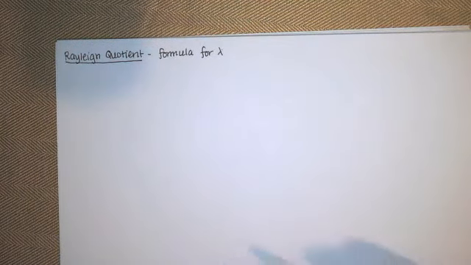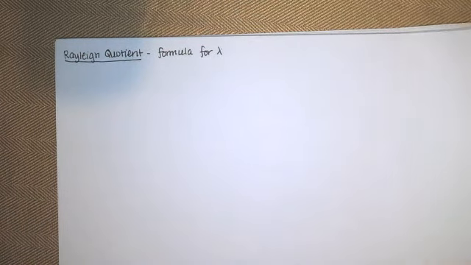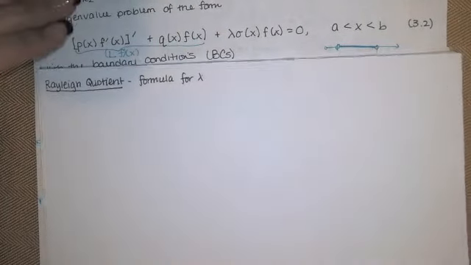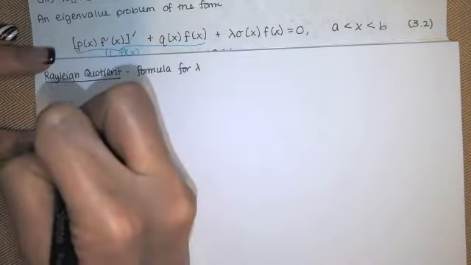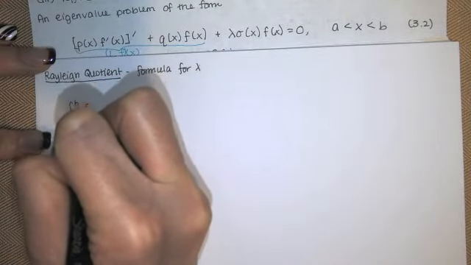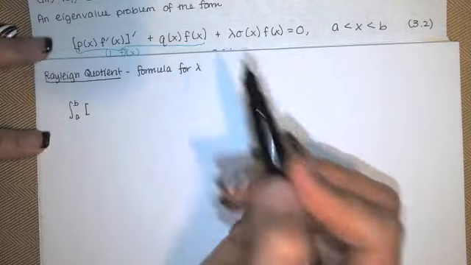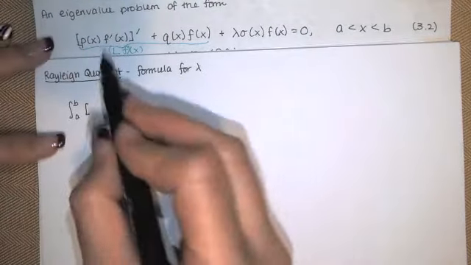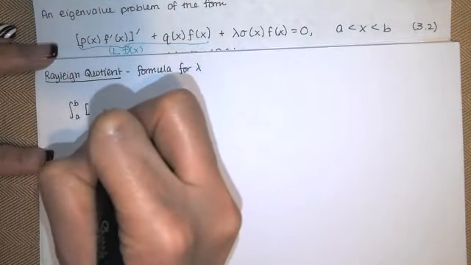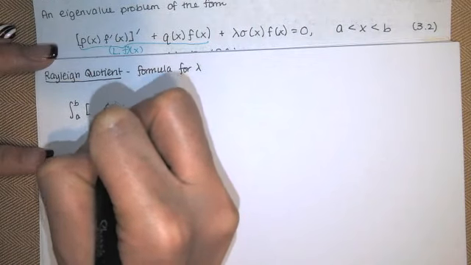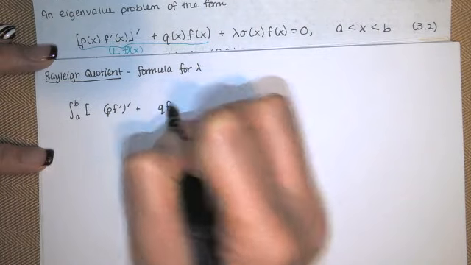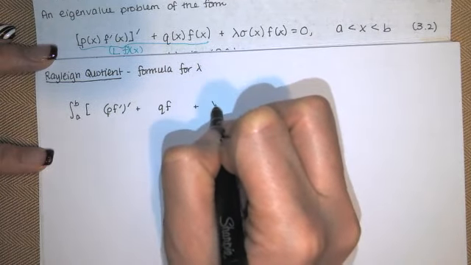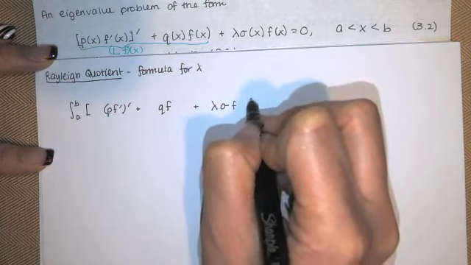Okay, so we're just taking this again, and we're multiplying it by f, and then we're integrating from a to b. I'm going to drop the dependence on x, but I think we all remember that these functions depend on x. So we'll have p times f prime, plus q times f, plus lambda times sigma times f.